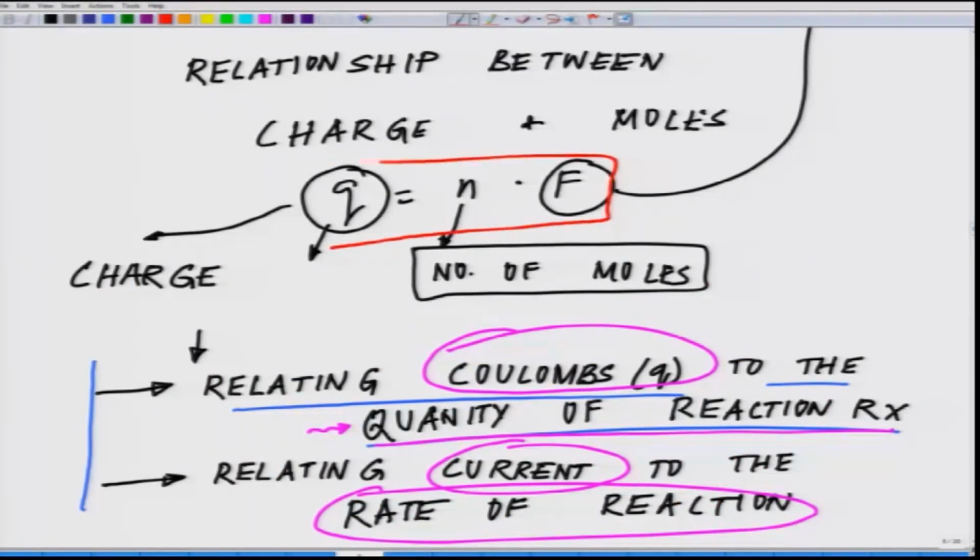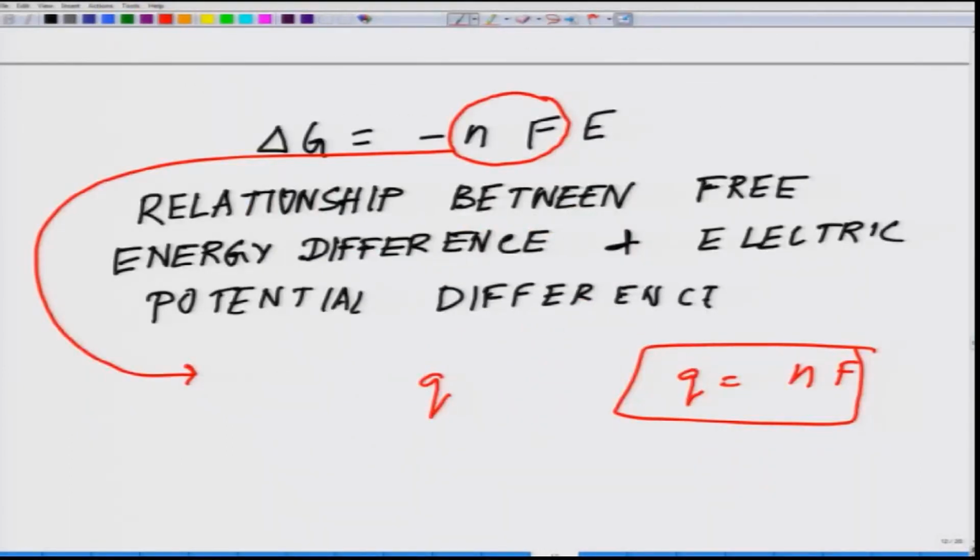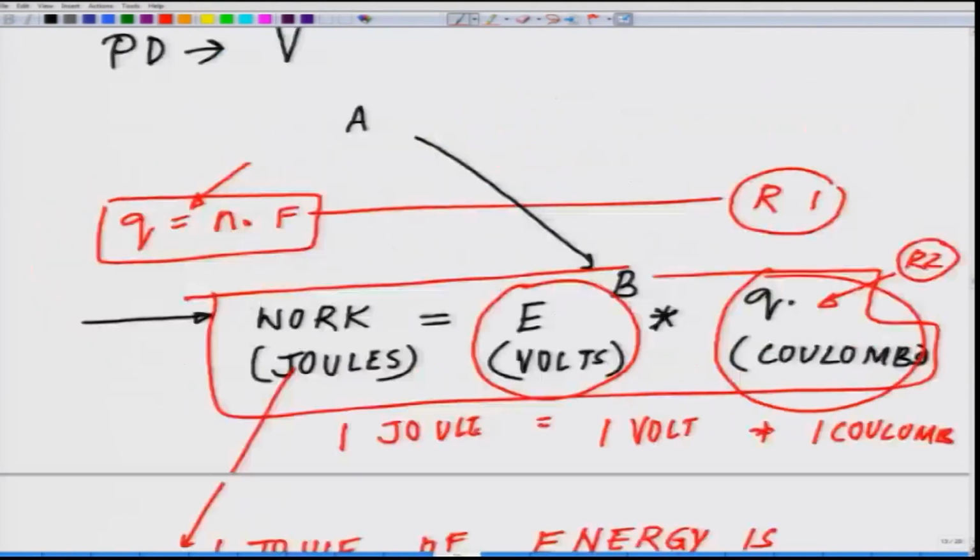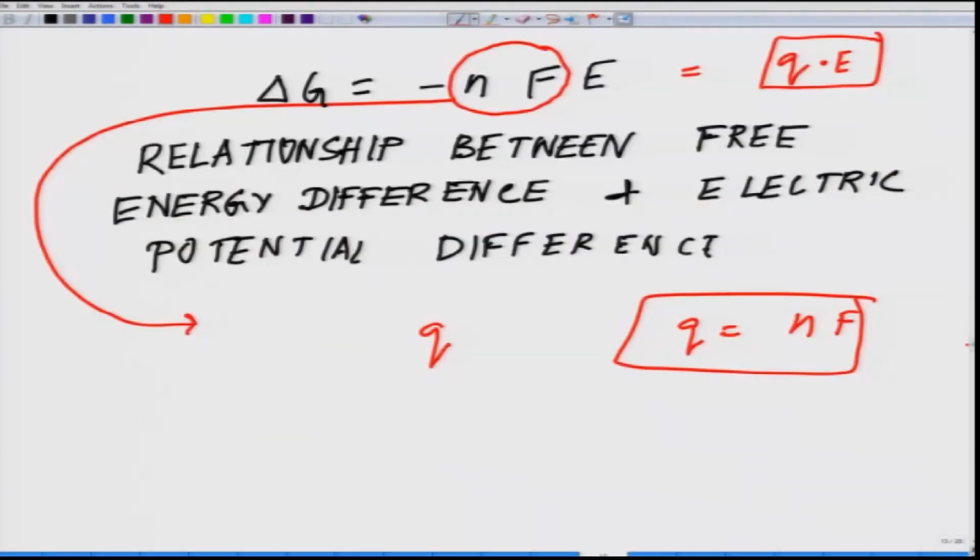So, this NF is basically the charge, and this could also be written as QE. And QE, remember, is the relation just one step earlier: work done on the system, QE. So, delta G is equal to minus NFE. This is another very important relation to realize, and all these applications will come soon.